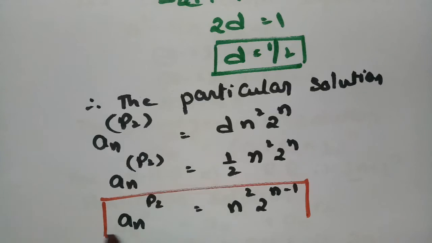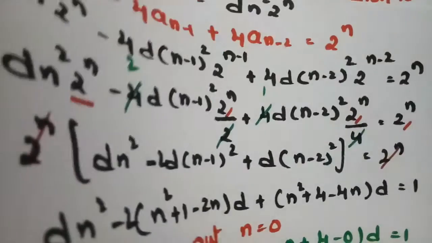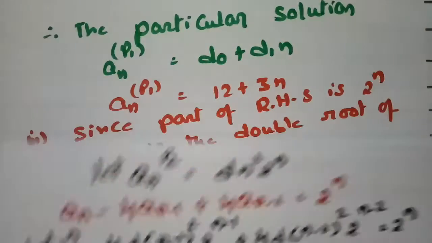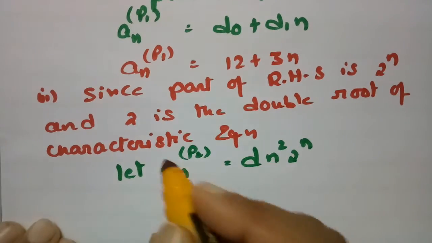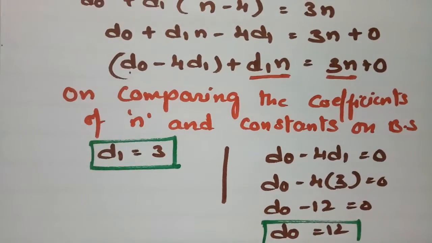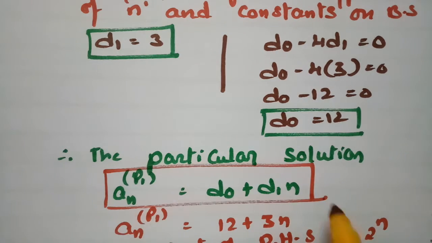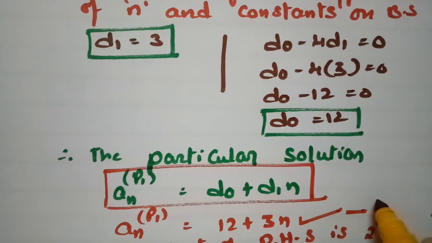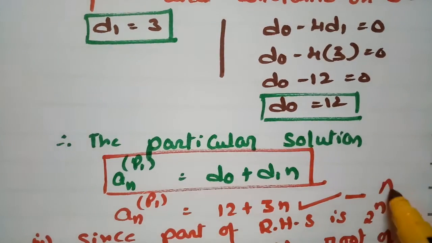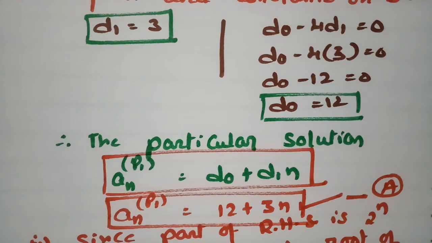Now we need the total particular solution. This is the first particular solution, that is D0 plus D1n, and we got the value as 12 plus 3n. This is equation number A. So now we have a particular solution.